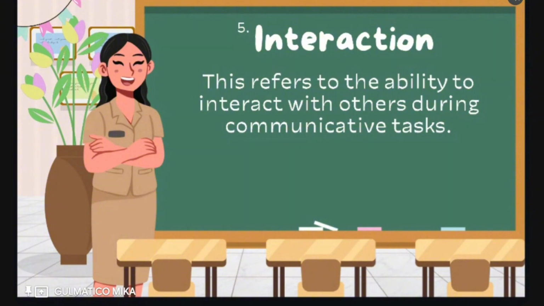So these are the five components of a student's overall speaking competencies, which have their own impact on learning for students when they are learning their second language, which is English. So next.